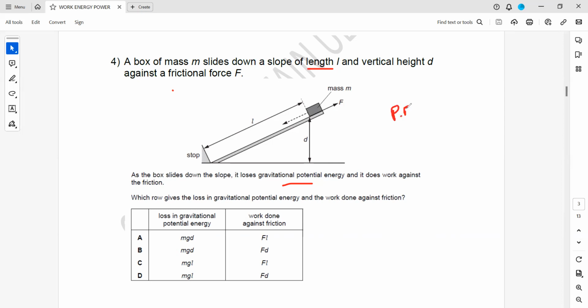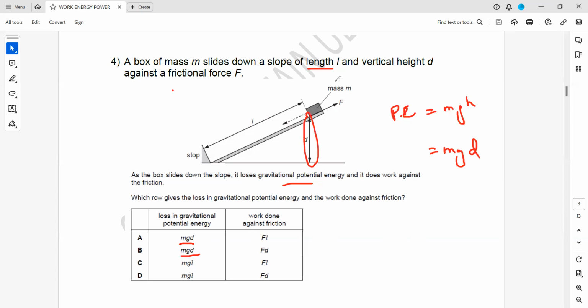If you want to calculate the potential energy, it is mgh. M is the mass of the block, which is given, g is gravity, but from what height has it moved? It has moved from a height d, so the potential energy will be mgd. So either A or B can be the answer.